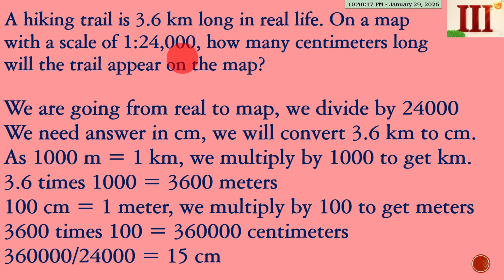So what we want to do is convert the kilometers to centimeters. If we have 3.6 kilometers, multiplied by 1,000, that's going to tell you how many meters it is. So this is 3,600. And now if you want centimeters, times 100, that's going to be 360,000 centimeters.